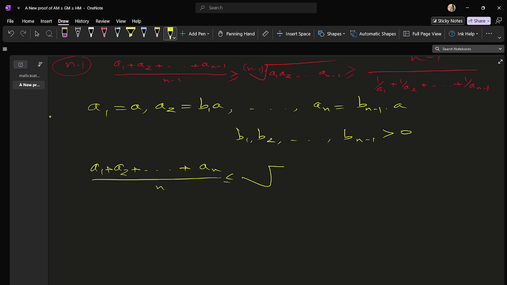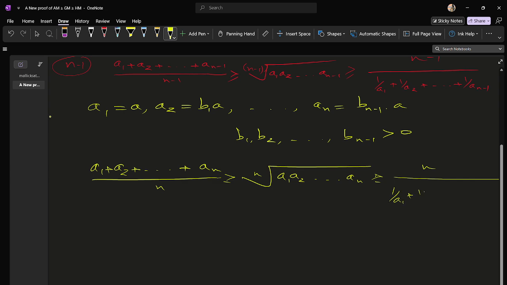I am rewriting the formula so it will help us put things here. So a1 is what?